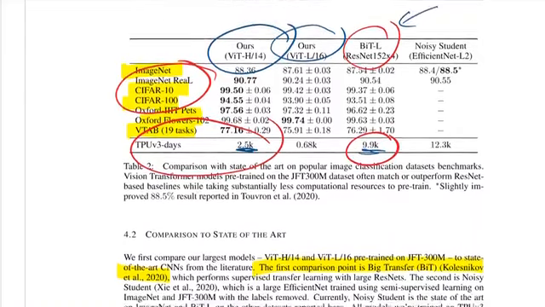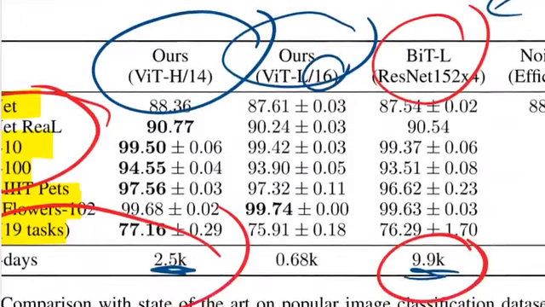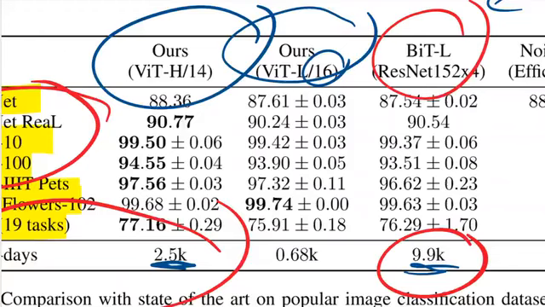So it costs less to train. Here you see, of course, if you go with 16 by 16 patches, that means if you divide your image into patches that are themselves bigger, your sequence of patches will become smaller and therefore you're computationally more efficient.